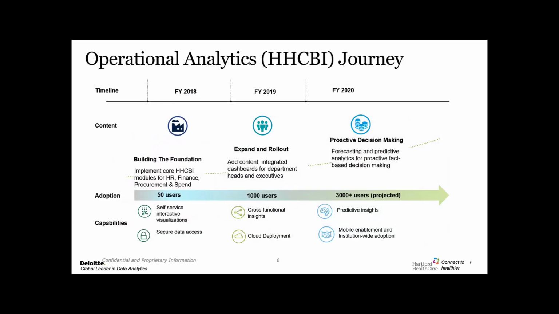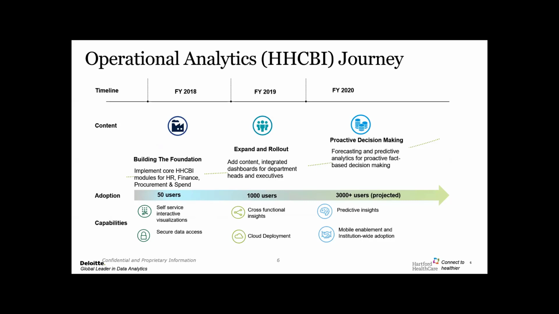So going to our journey with HHCBI, the application, we call it HHCBI. The implementation started in and around FY 2017, and by 2018 we had the basic foundation of HHCBI built around HR, finance, and procurement and spend modules. We started slow with 50 users.